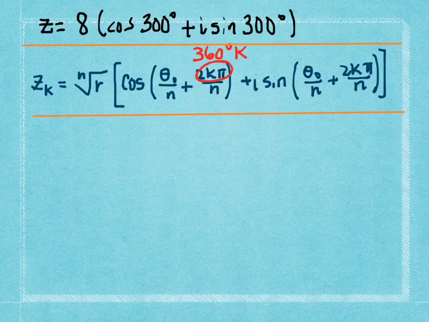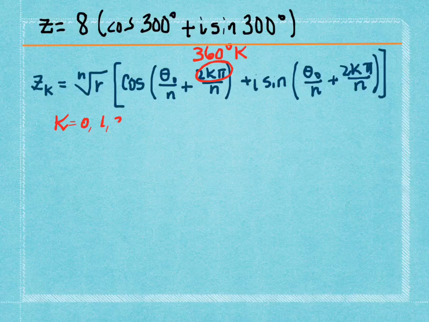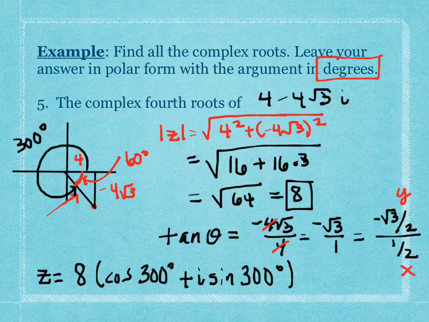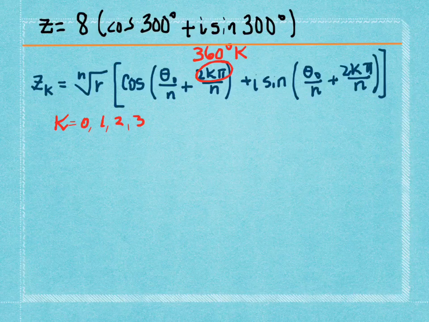So these are the two pieces of information we need right now. All right, so this says that I am going to let my k, oh, and the other thing was that there was a piece of information that told us what k had to be doing. K would go from 0 to 1 to 2, and it will stop at 3 here because I want to find the fourth roots, right? Fourth roots would mean that n is 4. So my k value stops just one shy of that.